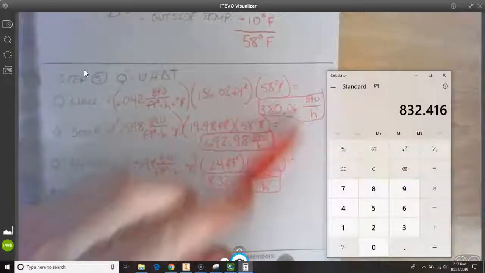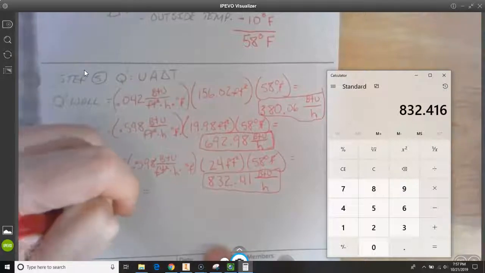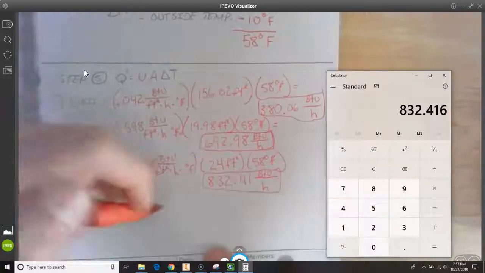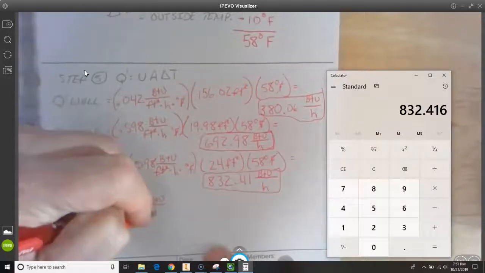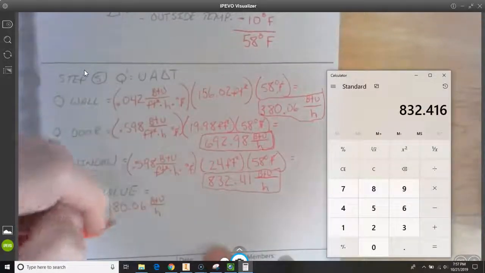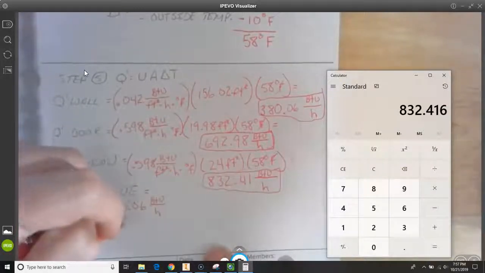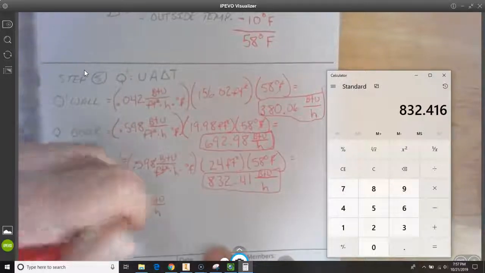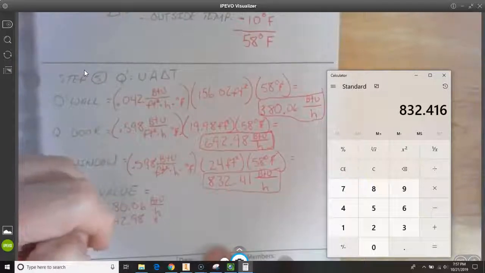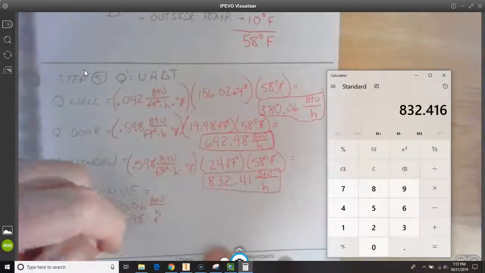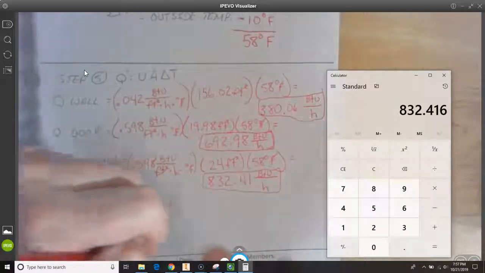So I'm going to take the 380.06, and that is BTUs over H, plus the 692.98, same units, and the 832.41 BTUs per hour.